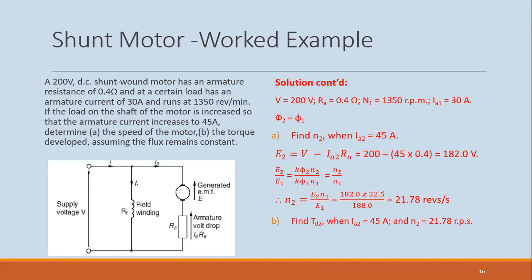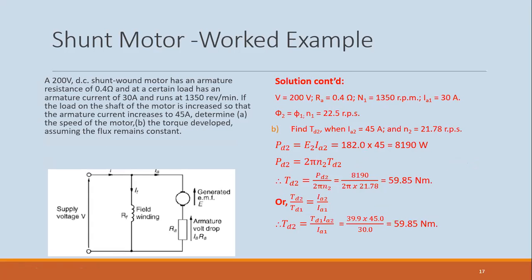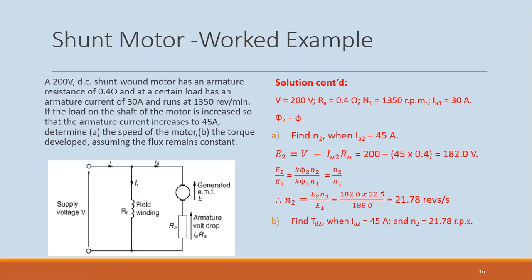Let's look. How I'd approach it was to find a new speed. So after I found the E2, let's see if we can find the 8,190, right? Good. Yes, that is correct, 8,190.